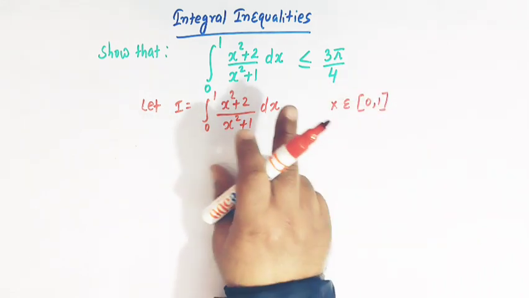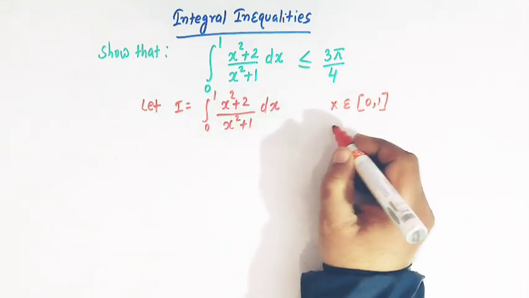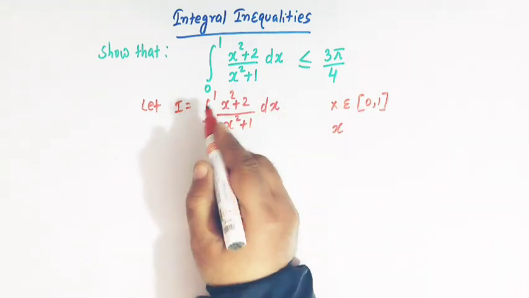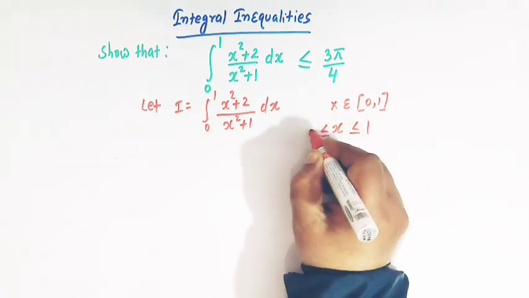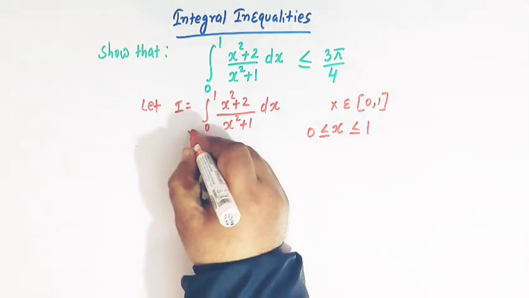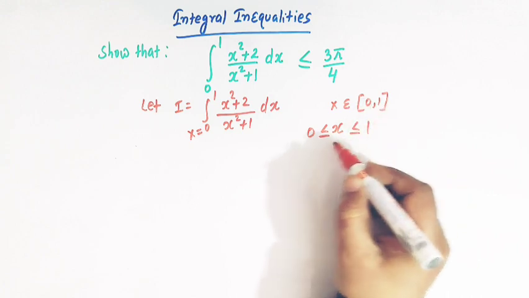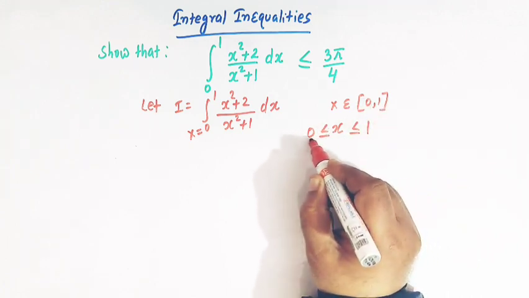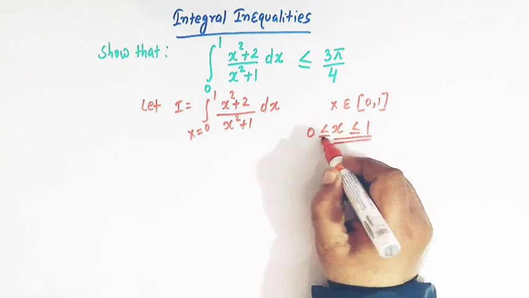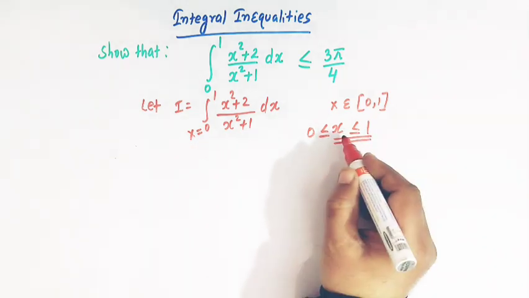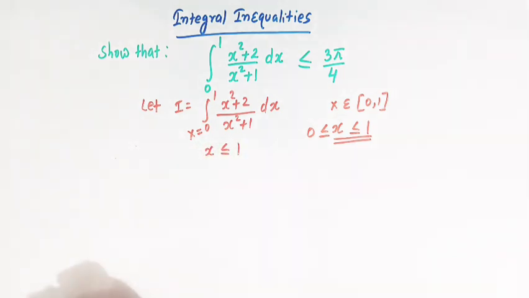To get this inequality, we start with x less than or equal to 1 and greater than or equal to 0, because x belongs to the interval 0 comma 1. So let us take this part of the inequality, and to start with, x less than or equal to 1.